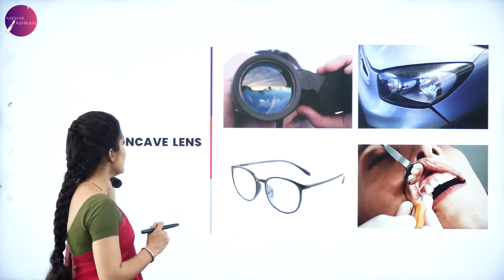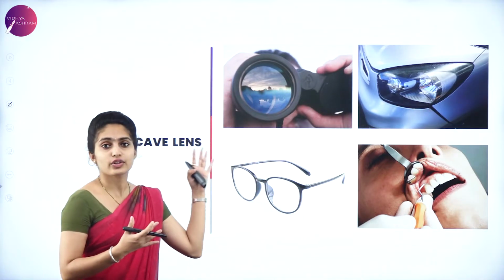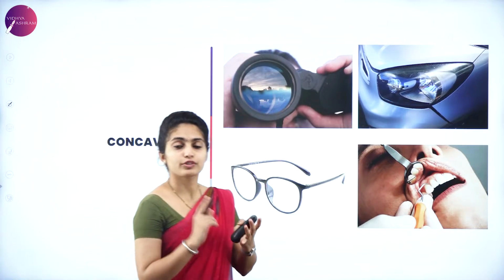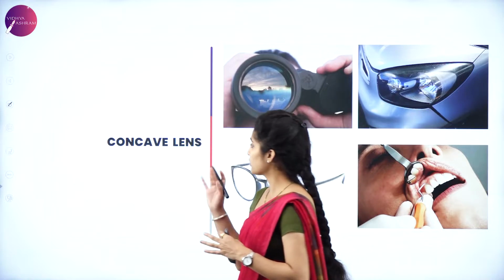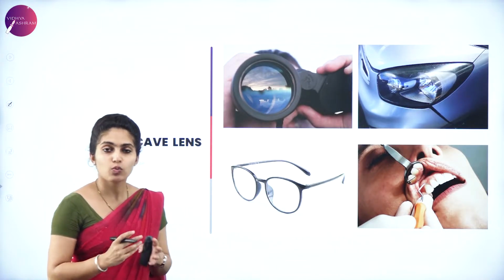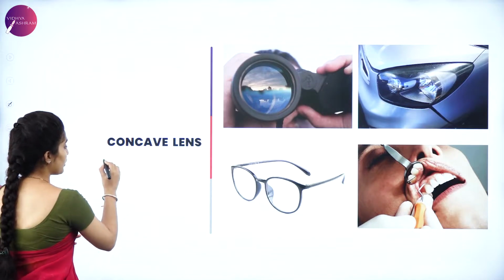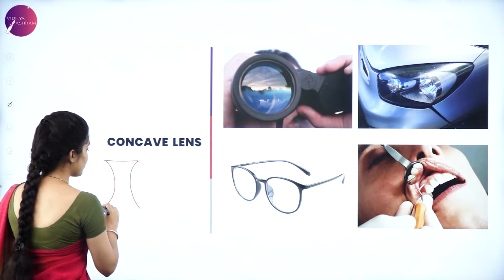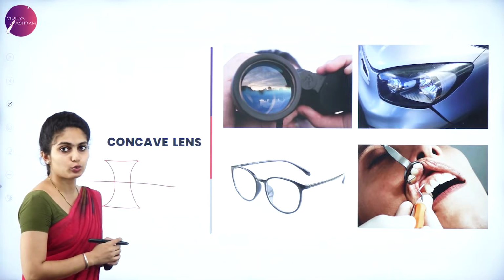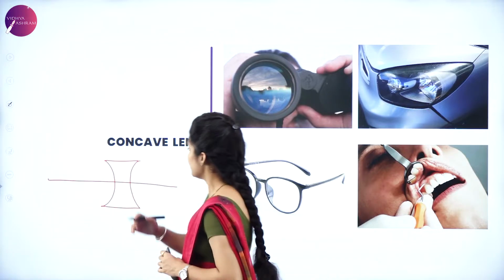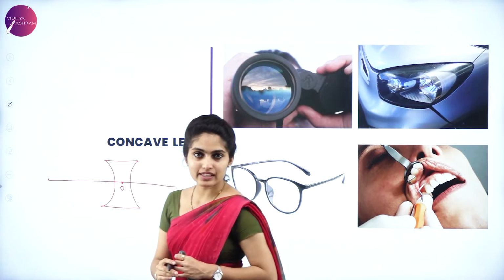Next, coming on to the concave lens, where exactly the concave lenses are used. You can see you have the following images of the concave lens as well as the concave mirrors example which is given over here. Okay, so coming to the concave lens, what exactly it does? So you have a concave lens which is drawn. So every time we consider the biconcave or biconvex lens, if this is a principal axis which is passing through the center of the lens, you have something called as an optic center through which the principal axis has to fall.